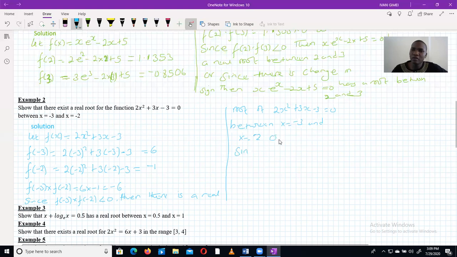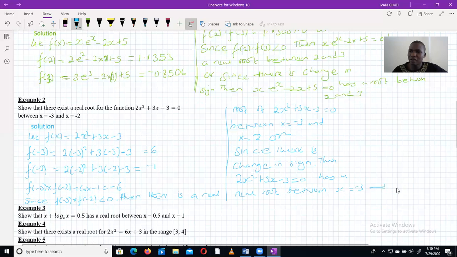Or you can say, since there is change in sign, then 2x squared plus 3x minus 3 equals 0 has a real root between x equals negative 3 and x equals negative 2.